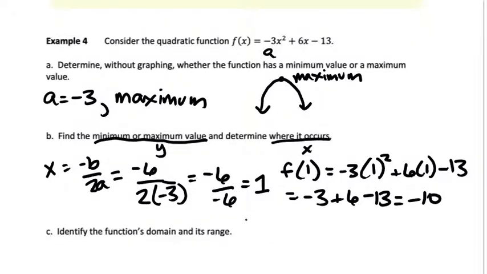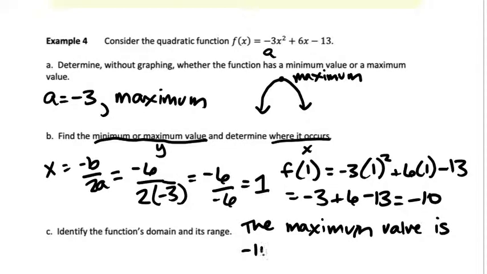So in terms of a sentence, and this is how you're going to see it in the homework, the maximum value is negative 10. So that's the y-coordinate, and it occurs at, and they're going to put x equals there. That should be a clue to you that you put the x-coordinate in the box where it says it occurs at. So it occurs at x equals 1.